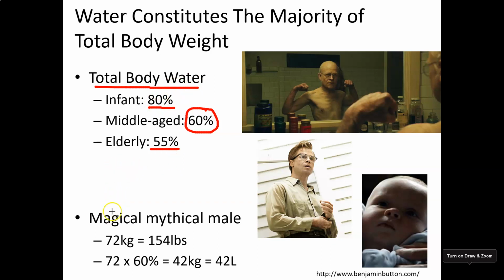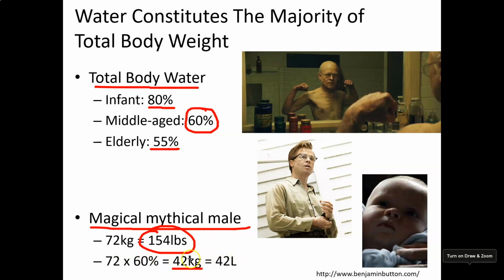In that formula we've talked about before, there's like the magical, mythical male model, right, that we look for medical stuff. And usually we say they weigh about 72 kilograms or sometimes even 70. That's about 154 pounds. If you take 60% of that, you get to 42 kgs.